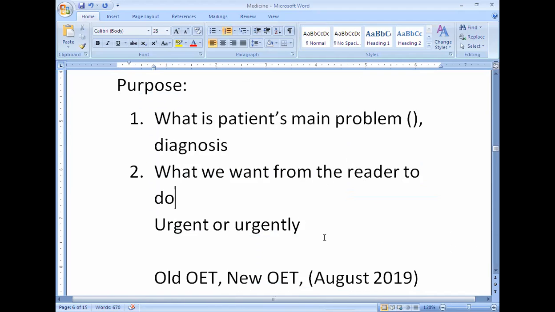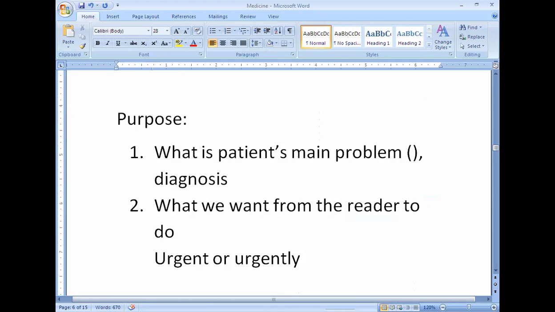My question is, doctor, in purpose, we have 3 marks in the OET criteria: 1, 2, and 3.